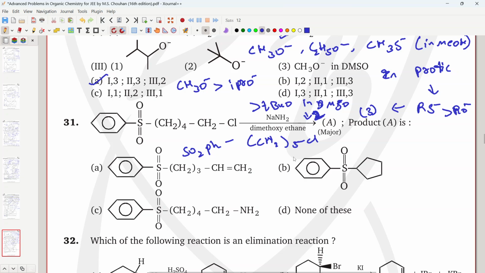Now the cyclization occurs between the terminal carbon and the carbon bearing Cl. A 5-membered ring forms. So the product is cyclopentane attached to a sulfone, which matches option B.